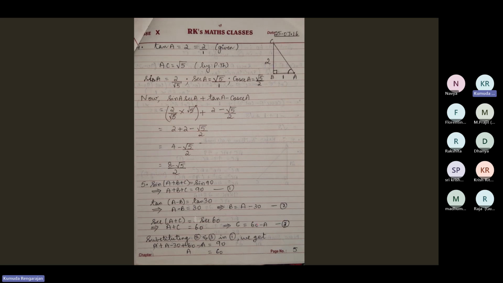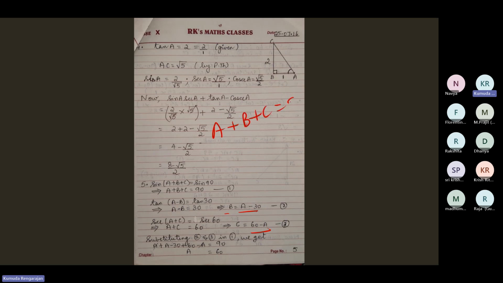So the working here: A plus B plus C is 90 we have. In these two equations, A is common. So I've written B and C in terms of A. B is A minus 30 and C is 60 minus A. Now substitute this in A plus B plus C is 90.